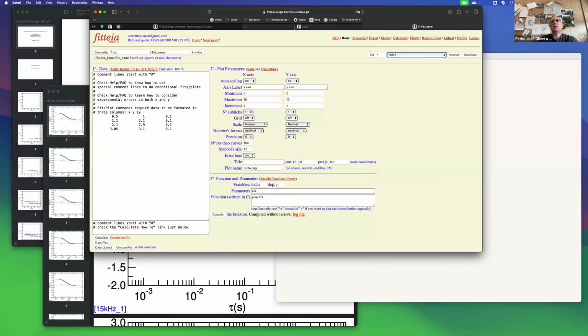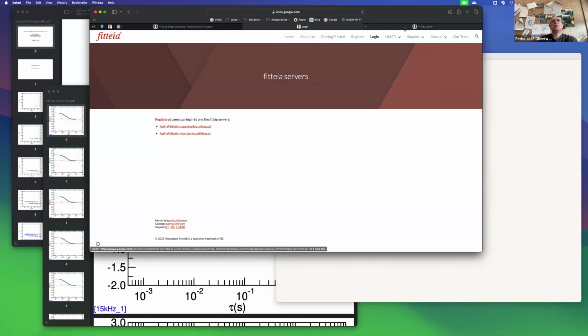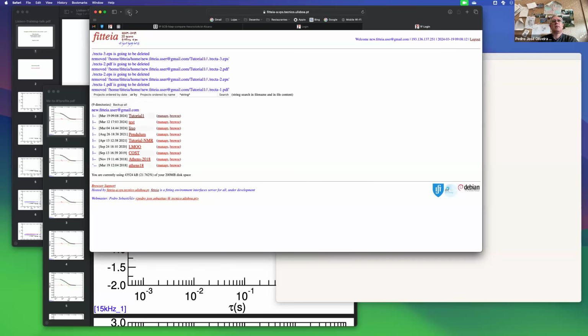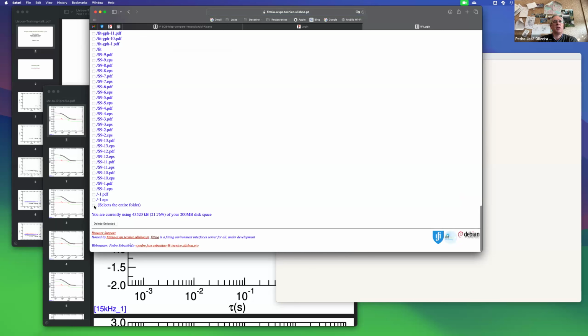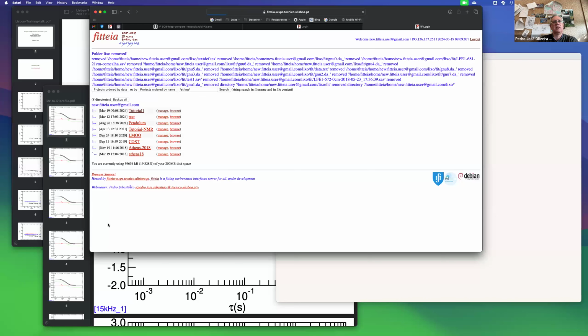And because it's trash, I can come here and in manage, I can delete the whole folder. This is this special box that if I tick on it, it selects the entire folder. And if I delete selected, it's gone. The whole folder is gone, okay?